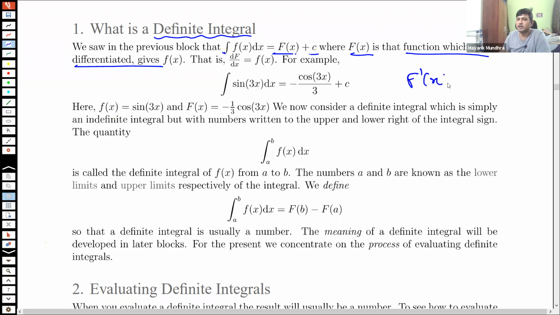So F prime of x, which is differentiation of capital F of x, will be small f of x. So for example, if your small f of x is sine 3x, your capital F of x will be minus cos 3x by 3. So that is going to be capital F of x.